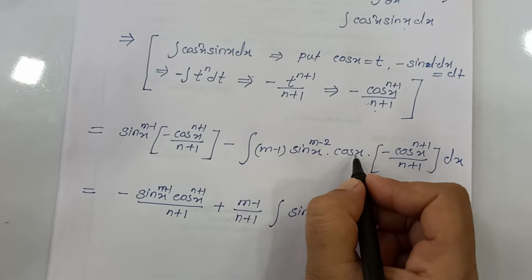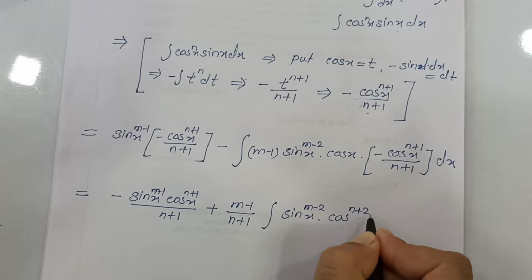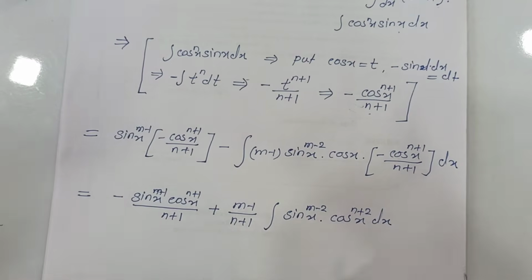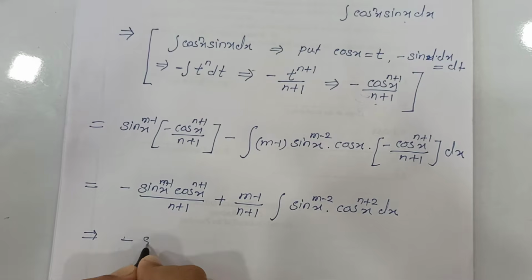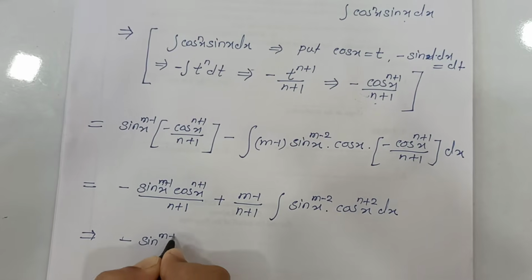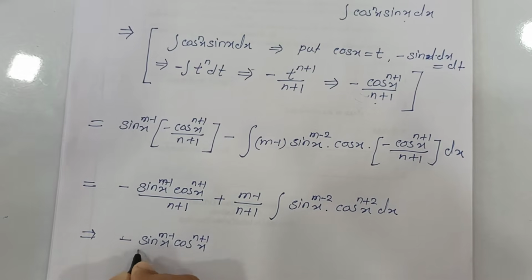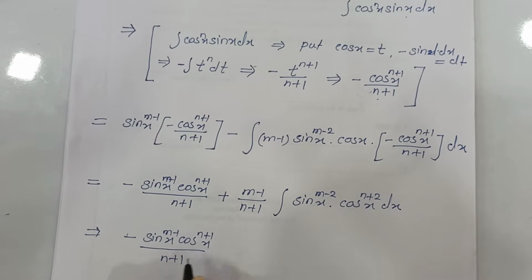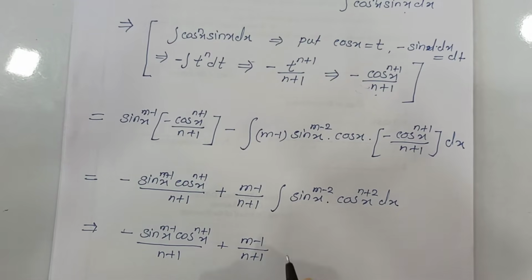Then cos into cos raised to n plus 1 will give me cos raised to n plus 2 x dx. Okay, now next step. First term will remain as it is throughout now, plus m minus 1 upon n plus 1.